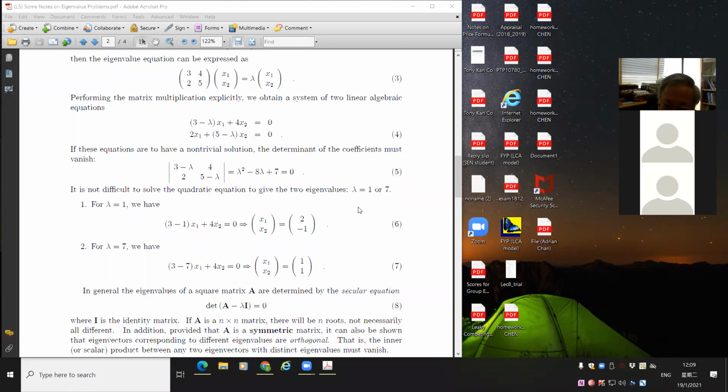Decompose the matrix. Not always, it cannot be done all the time. So again, go to Mathematica. Mathematica will give you closed form solutions in terms of radicals.